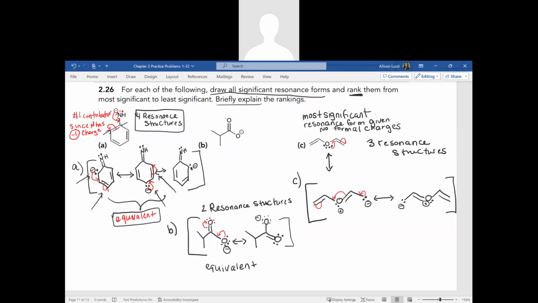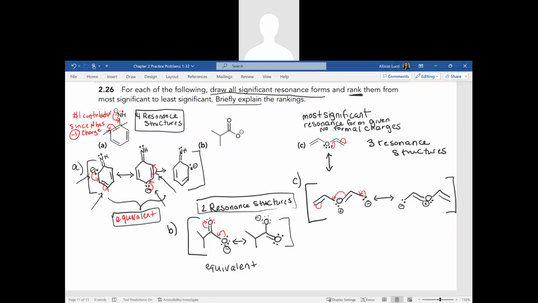For structure B, I drew the 2 resonance structures, so only 2 total down here for B. The 2 structures are drawn down here. They are equivalent, so they're both the main or most significant.